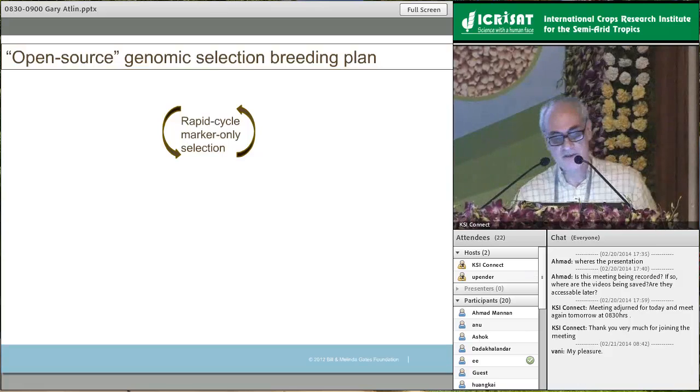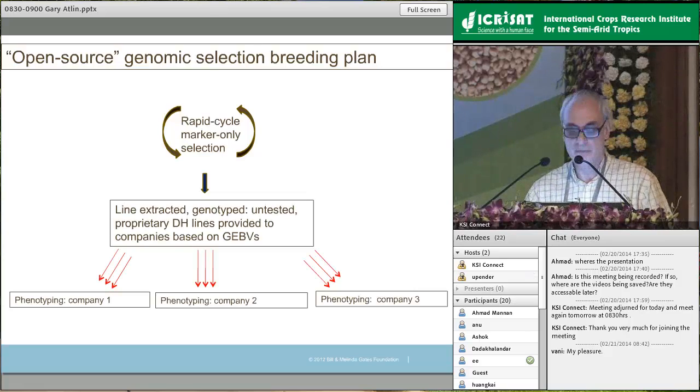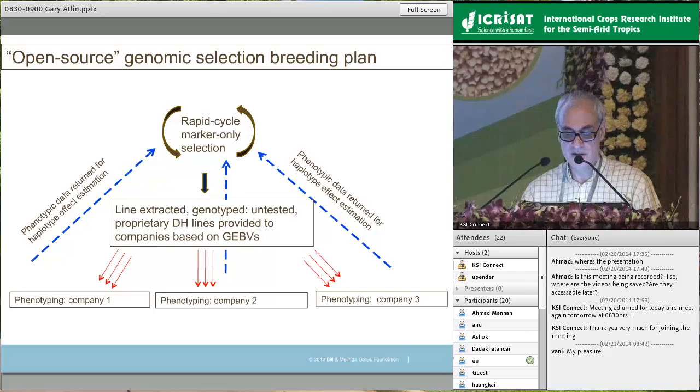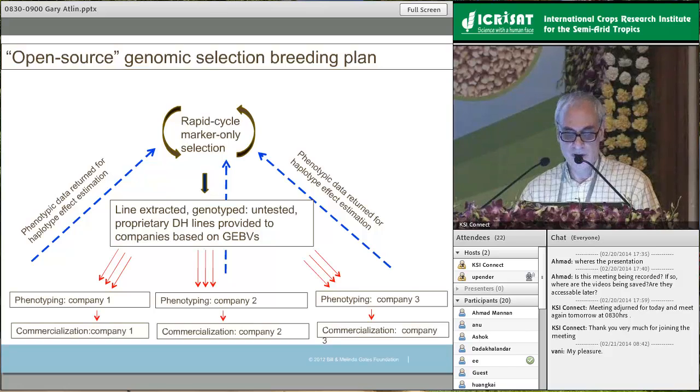The advantage of this is that small companies can benefit from this rapid cycle approach, but the complex work of managing the populations and prediction is done by a central organization.